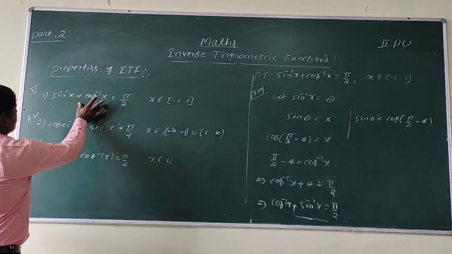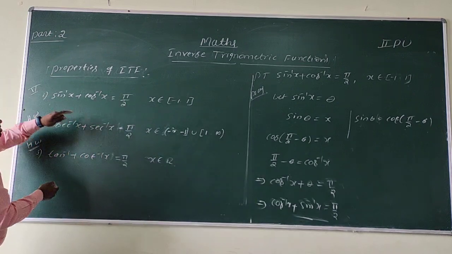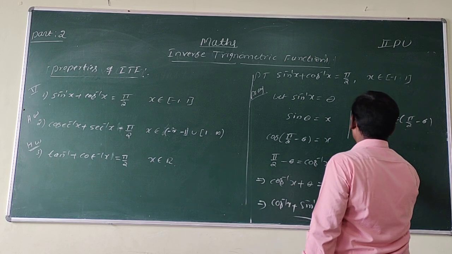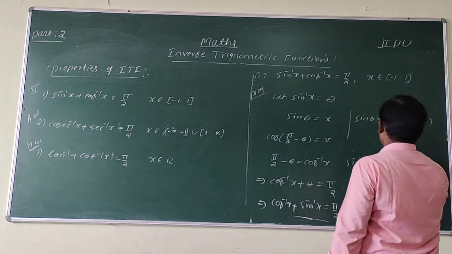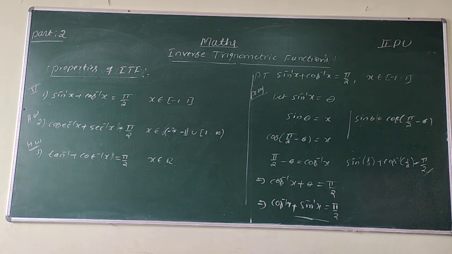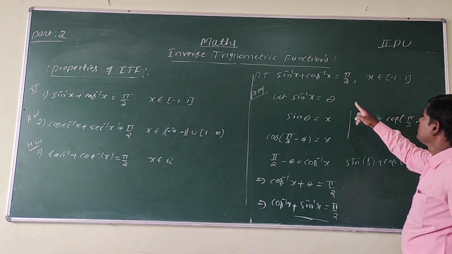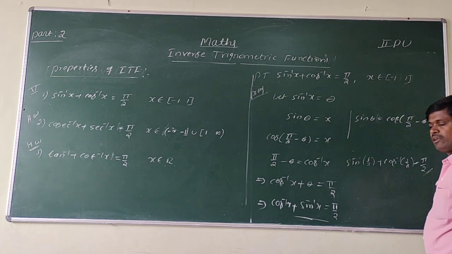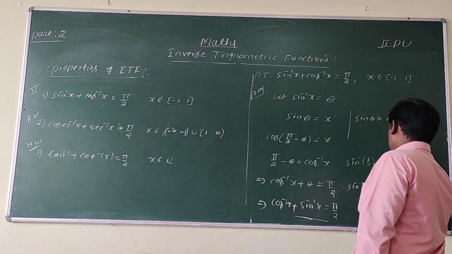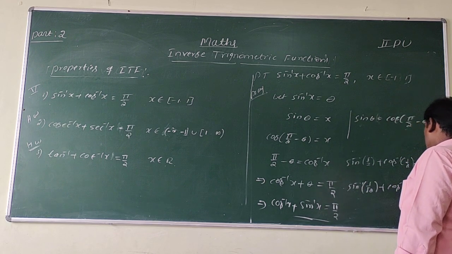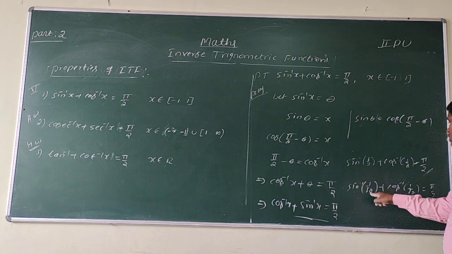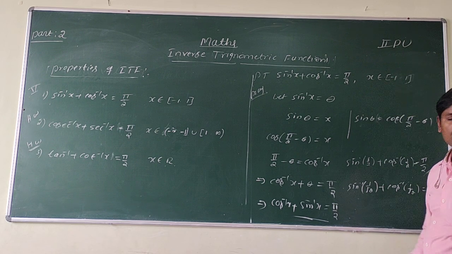Sin inverse of x plus cos inverse of x is equal to pi by 2. For example, sin inverse of 1 by 2 plus cos inverse of 1 by 2: directly, the value is pi by 2, since x is in the interval minus 1 to plus 1. Similarly, sin inverse of 1 by root 2 plus cos inverse of 1 by root 2 also has value pi by 2, since 1 by root 2 lies in the interval minus 1 to plus 1.